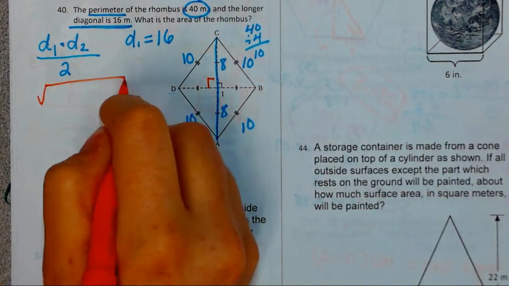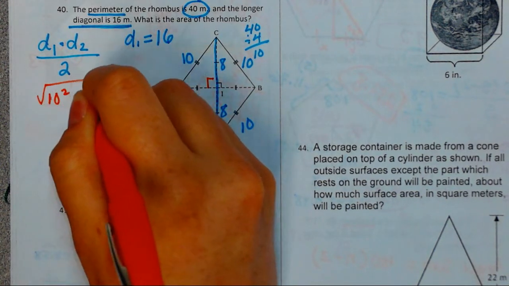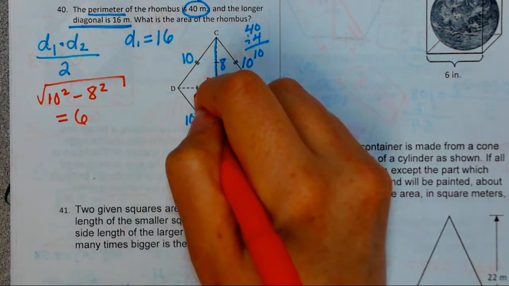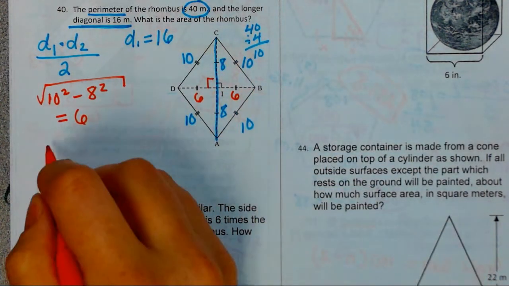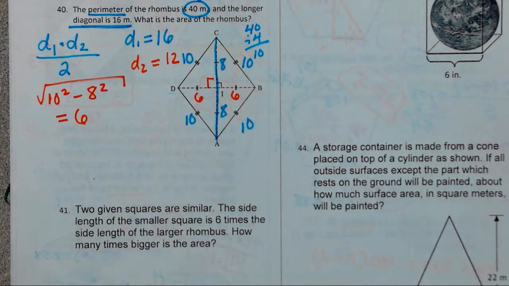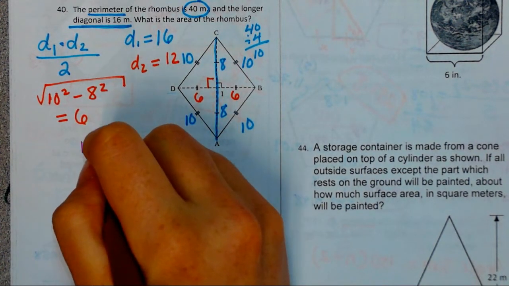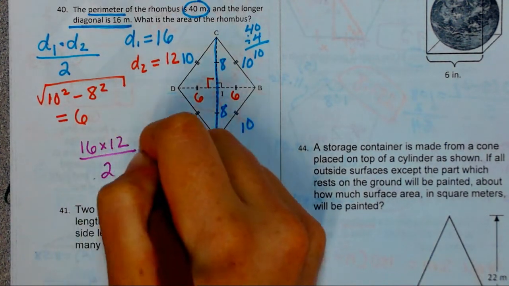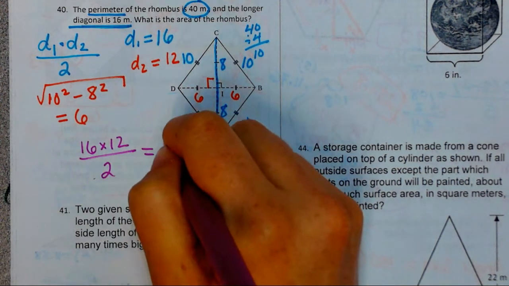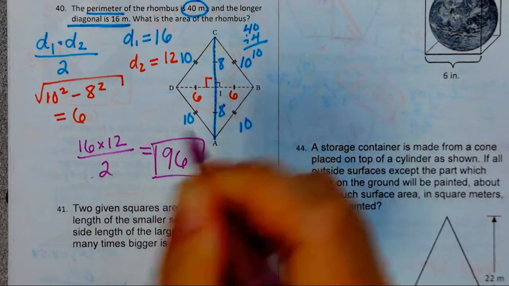So the square root of 10 squared minus 8 squared is equal to 6. So diagonal 2 would be equal to 12. Last step, let's plug them in. 16 times 12 divided by 2 gives us an area of 96.